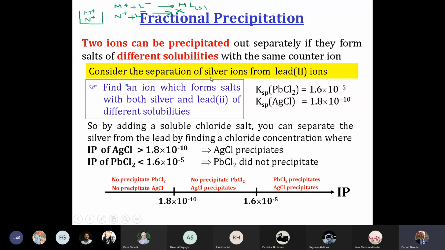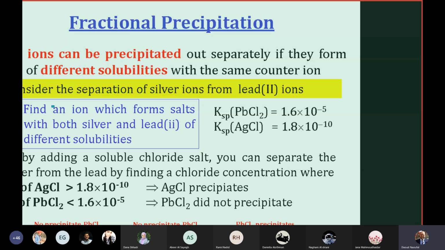Consider the separation of silver and lead. I will pass to the sketchboard to explain.